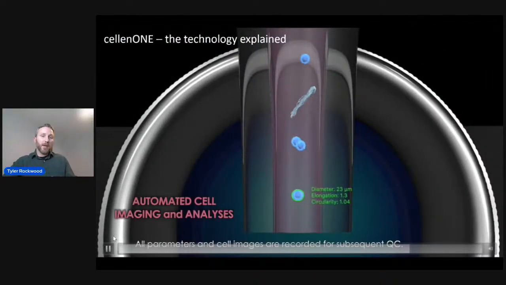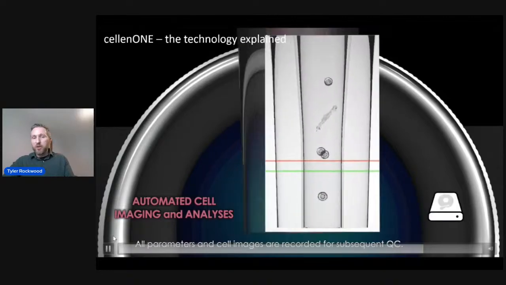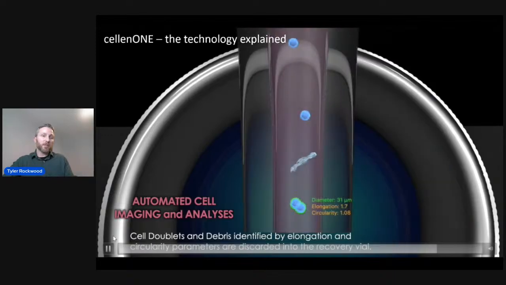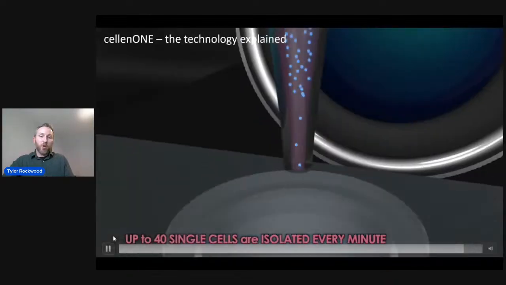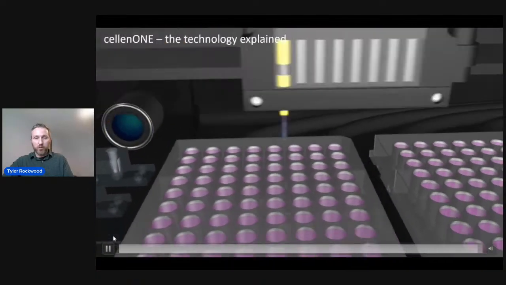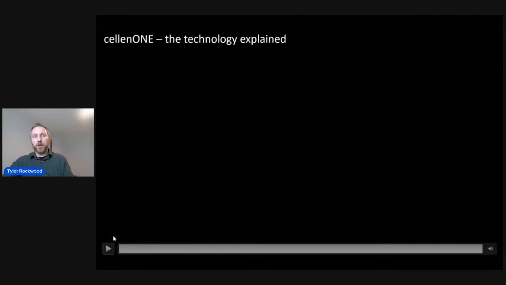Each cell is also evaluated for a diameter, a circularity, and an elongation factor, and that is partially used to determine if it is a single cell or if it is some other particle, or, in this example, a duplex of two cells over each other, which will have a less circular appearance. Now, those are all metrics that you can use on the system, and you can determine where those thresholds are. You can also run an analysis of your sample directly there in front of the camera, which will give you a readout showing exactly what you have and allow you to choose the parameters you want to use for isolation.